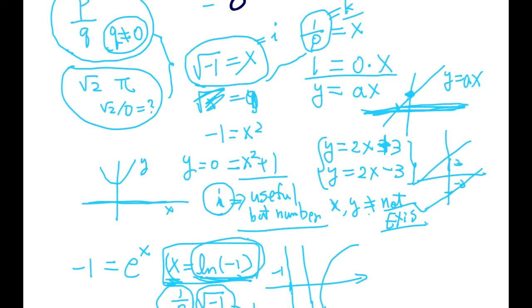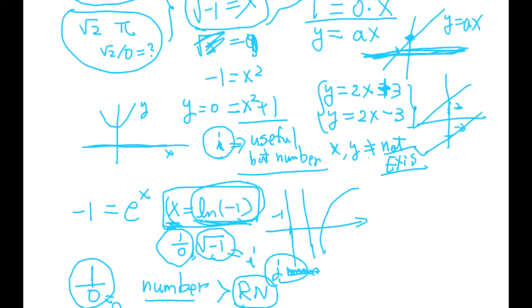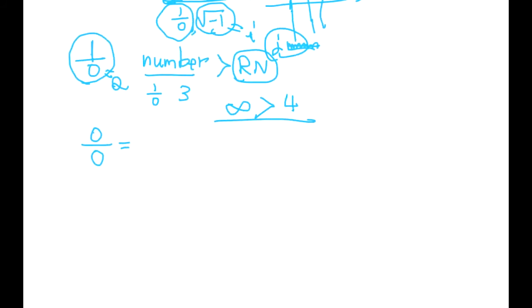It's already violating the definition of a rational number. It's not a rational number, it's not an irrational number, and it's not infinity, it's nothing. So this is not a number.